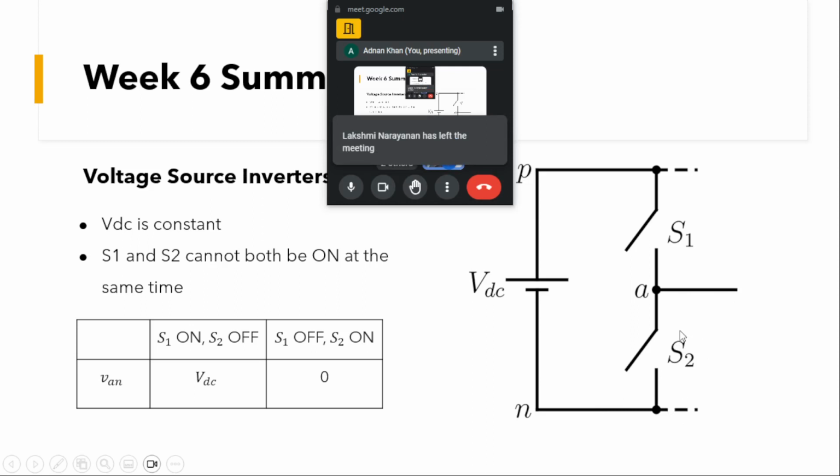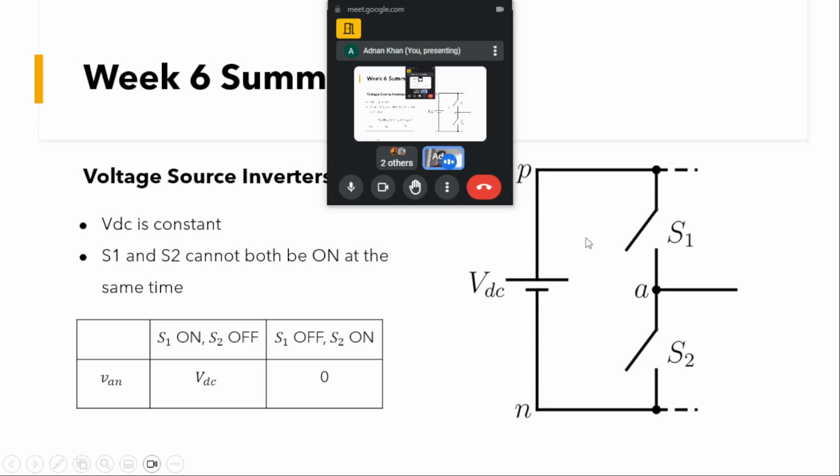That is what has been put in this table. When S1 is on and S2 is off, we get VDC across VAN, and when S1 is off and S2 is on, we get 0 voltage.